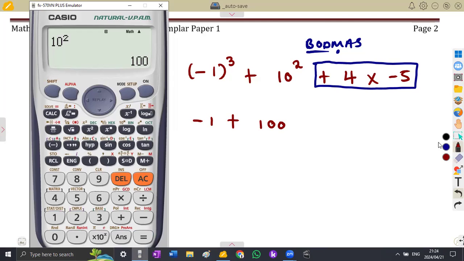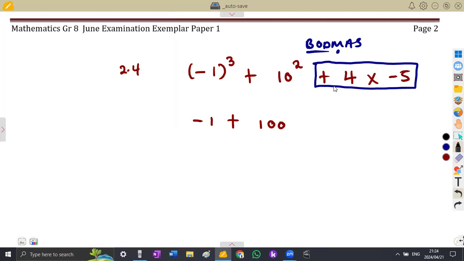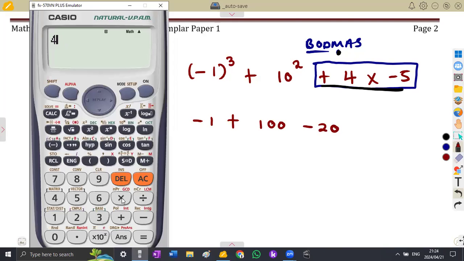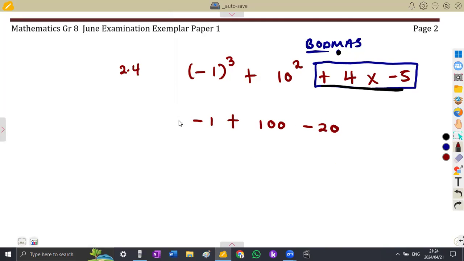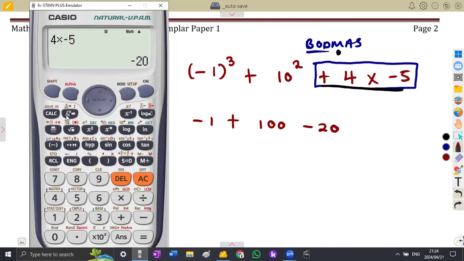Then you move on now to the BODMAS concept, where these two numbers are being multiplied. So you have to multiply 4 and minus 5, which is going to give us what? A minus 20. If you multiply a positive 4 by a negative 5 like this, you are going to obtain a negative 20. Then you can combine these numbers together. At this stage, just combine the marks there.